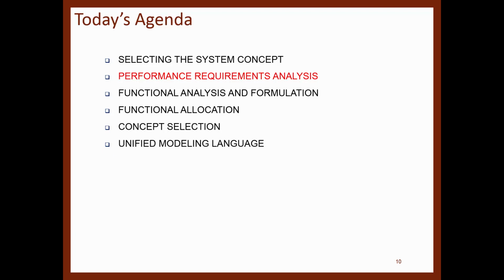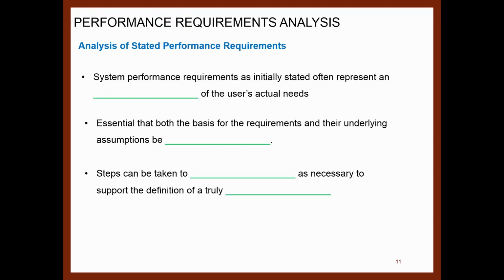The second item of the agenda looks at performance requirement analysis. At this point, we want to look at the analysis of the stated performance requirements. System performance requirements, as initially stated, often represent an imperfect interpretation of the user's actual needs.